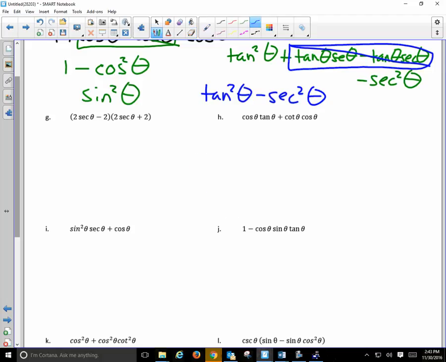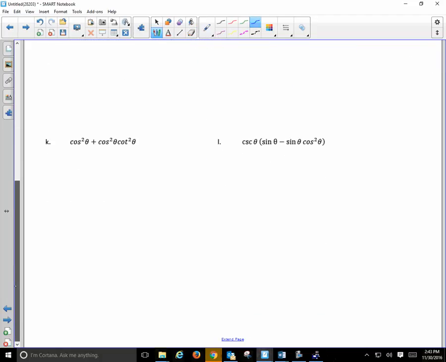Let's skip a couple here. Let's go to K and L. Do you recognize K? K is like a problem that we did just the other day. Factor what? Very good. Cosine squared, I'm going to factor it out. When you factor out cosine squared, what are you left with? 1 plus cotangent squared. Do I have something that I can plug in for 1 plus cotangent squared? I can plug in cosecant squared.